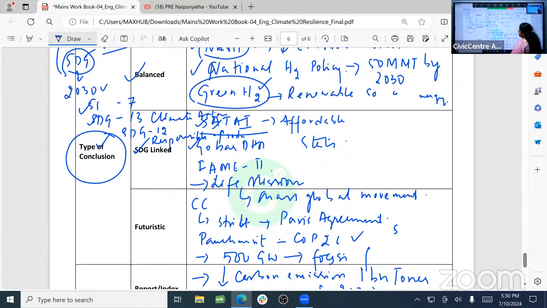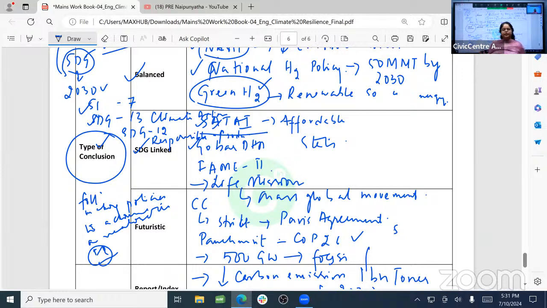Then the futuristic conclusion: we can say that by making policies to realize the fundamental right that has been given to us, the right to life and right to equality, any organization in line with Niti Aayog, taking the help of the state governments to make frameworks, is going to reduce the carbon footprint.